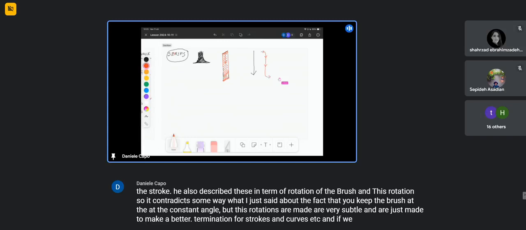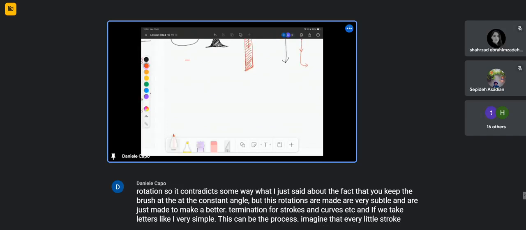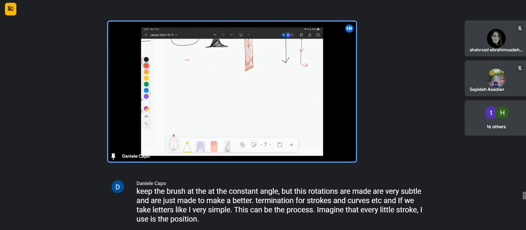If we take letters like I, very simple, this can be the process. Imagine that every little stroke I use is the position of the front of the brush.